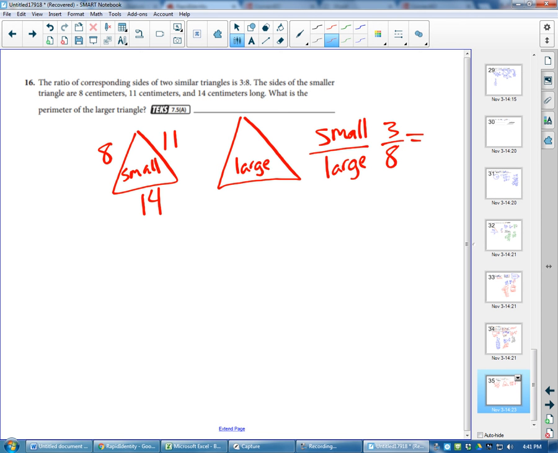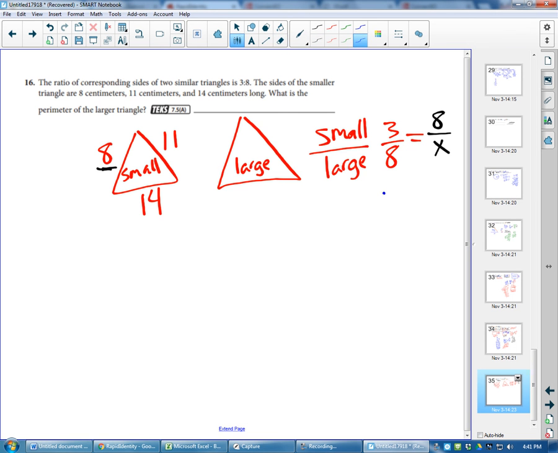So if we started with 8, that would be 8 over 14. Oh, wait, no, x, we don't know.